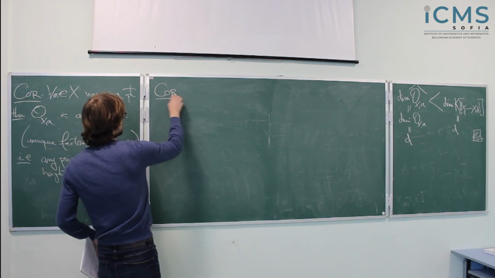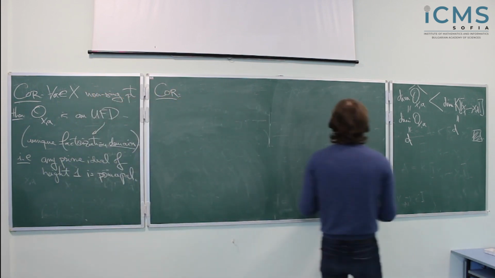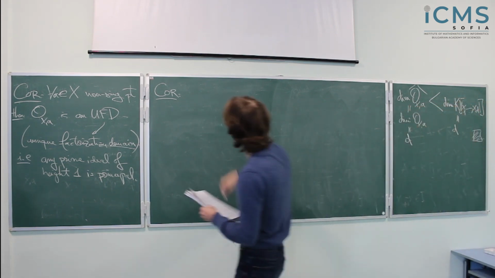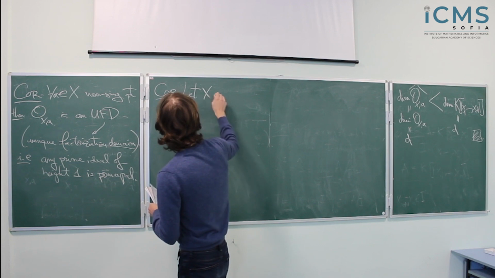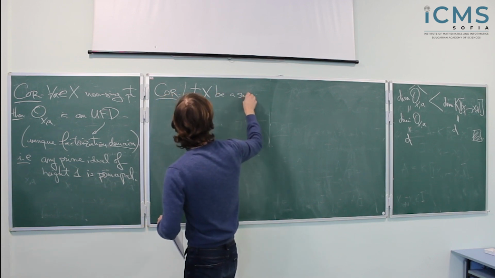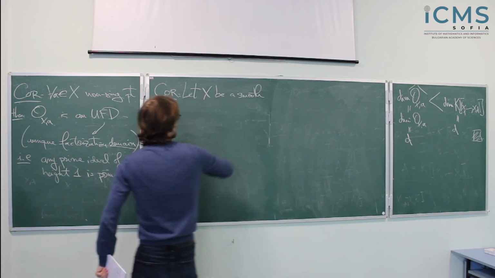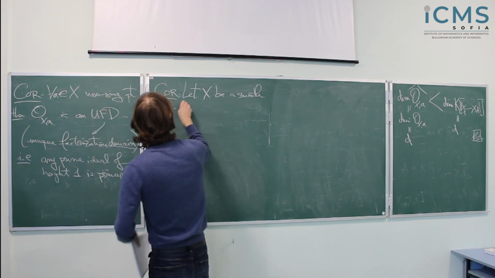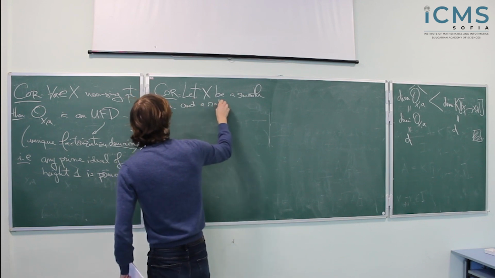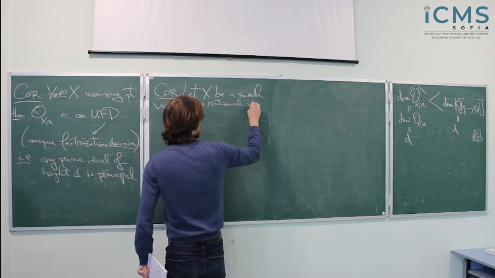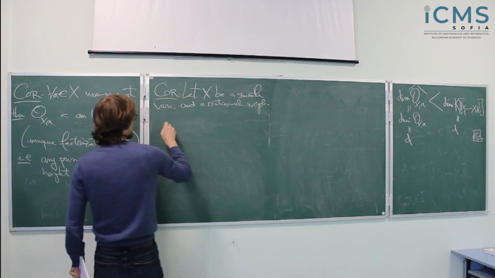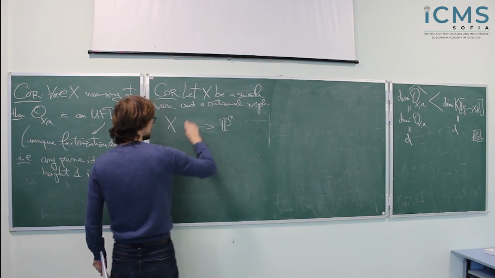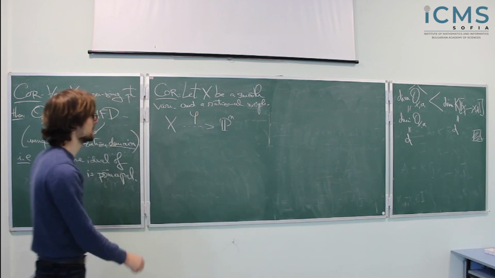Well, it actually has a geometric application. I wanted just to add this important application. I take a smooth variety X, right? And a rational morphism of X to a projective space, let's call it phi.